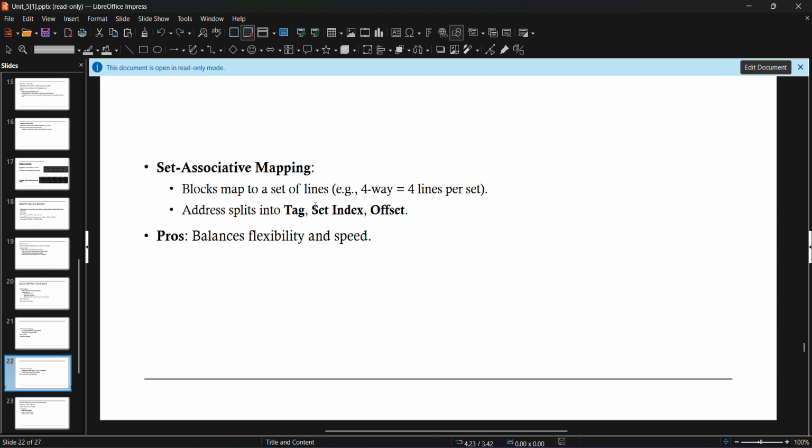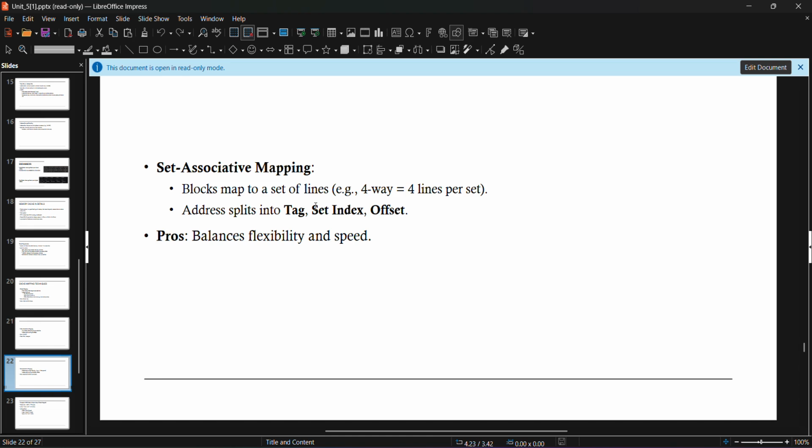The example they cited, a four-way, is equal to 4 lines per set. So as I said, you divide the cache into groups, and each memory block can go into any spot in each group. That is what the set associative mapping is.